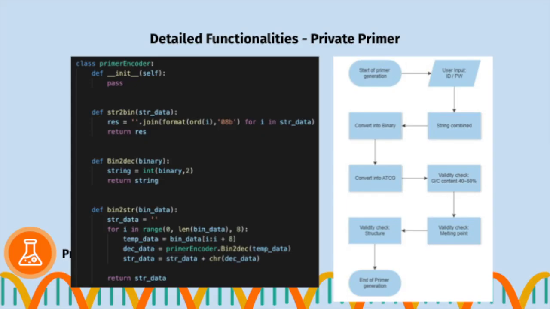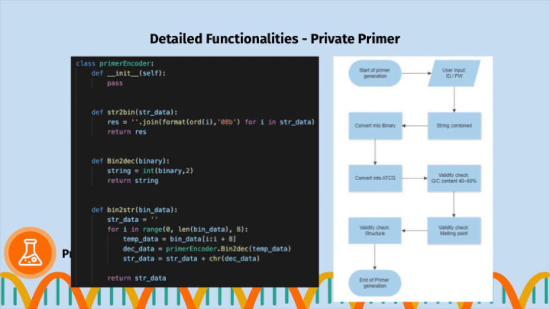So our code has 2 classes, and one of them is the primer encoder class, and I was in charge of writing it. Briefly speaking, the primer encoder class is the object that establishes basic functions for creating forward primers for DNA storage.